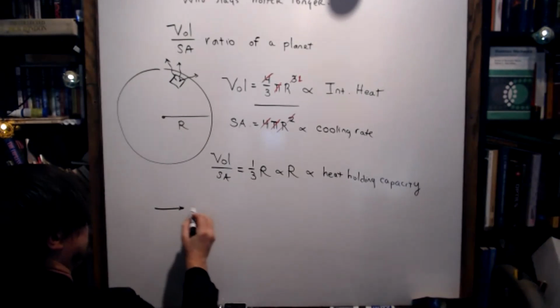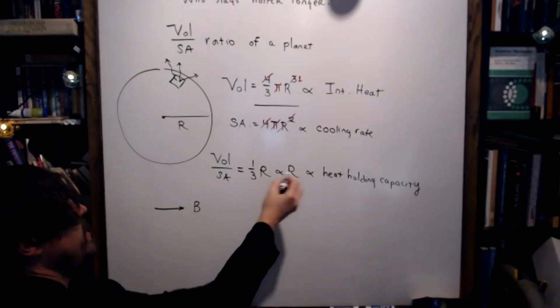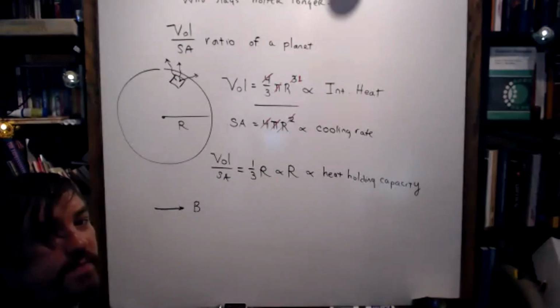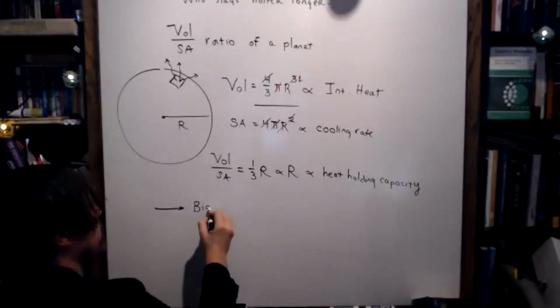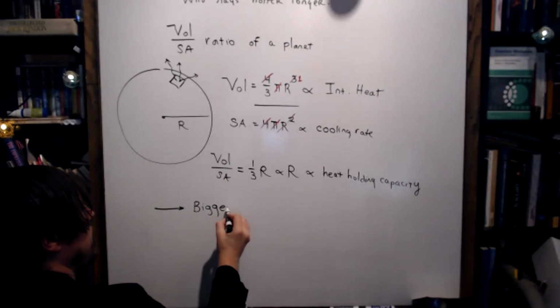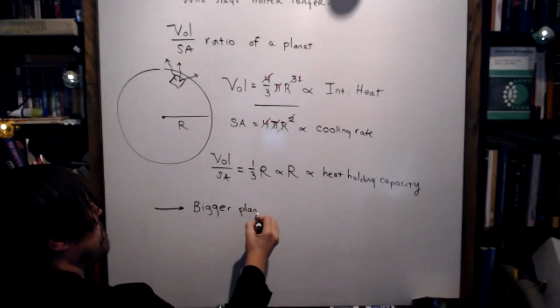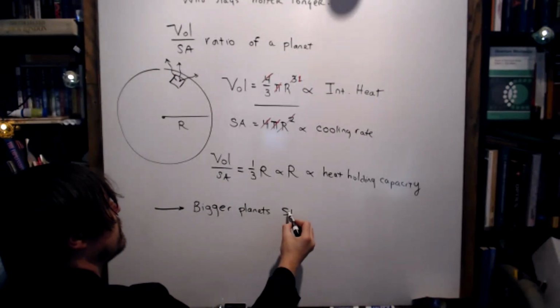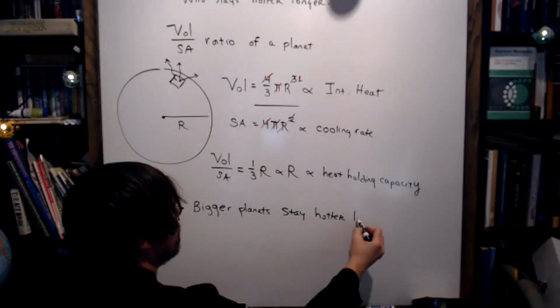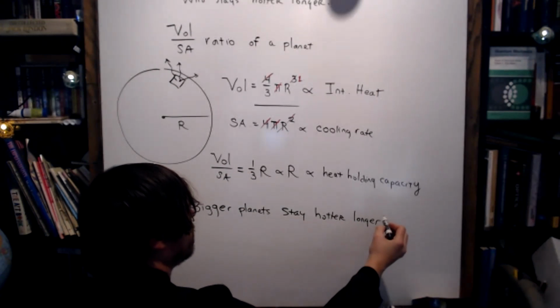This is the point. As the radius of a planet grows, the heat holding capacity grows. So unlike, unfortunately, what Frank said, bigger planets stay hotter longer.